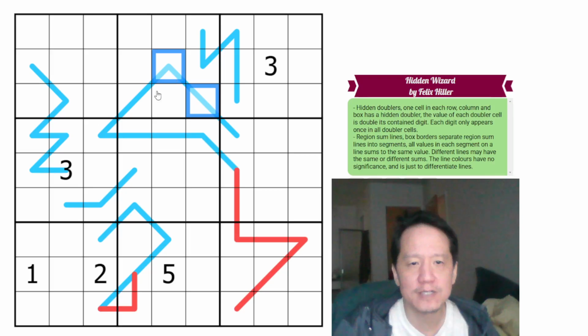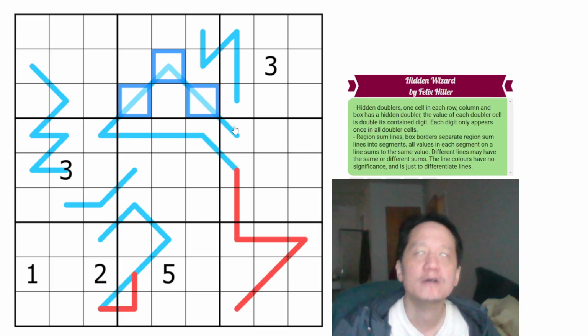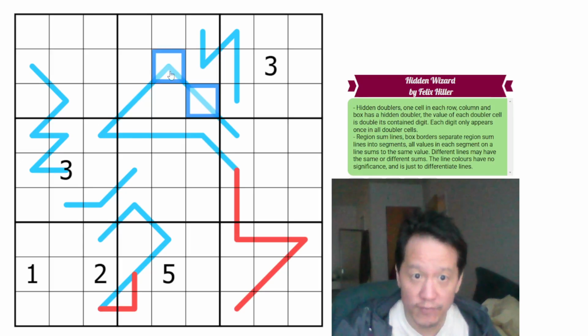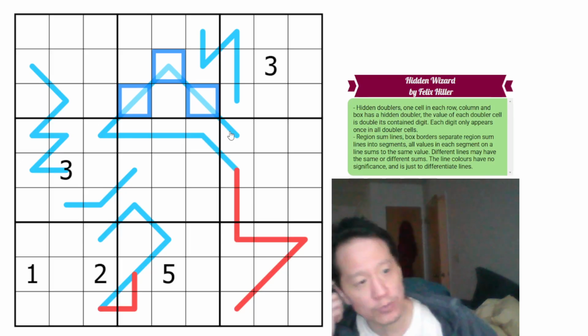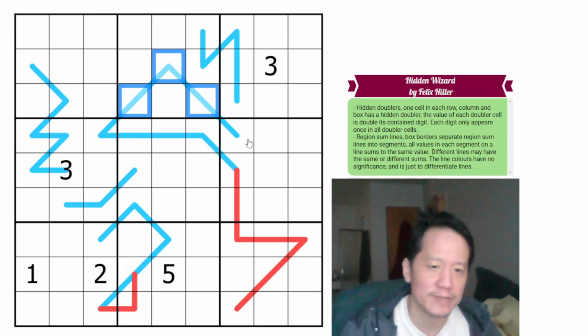And the box borders divide each region sum line into segments, which sum to the same value if you add up the values of the cells on this region sum line. And that's where you have the doubler rule set going into account, right?